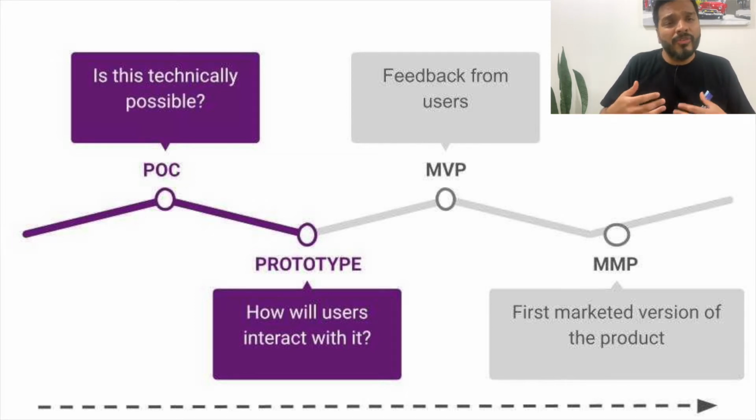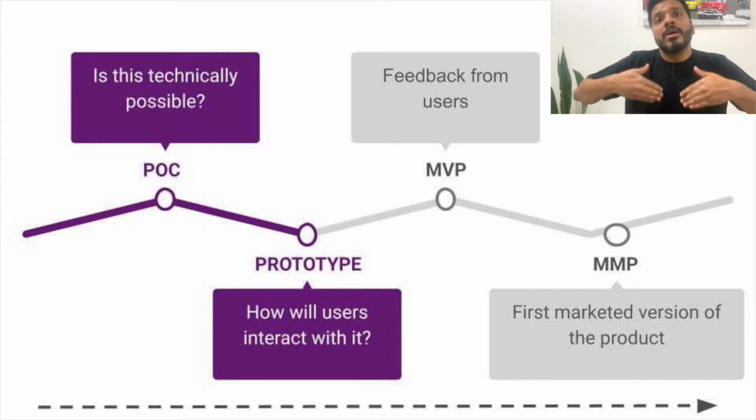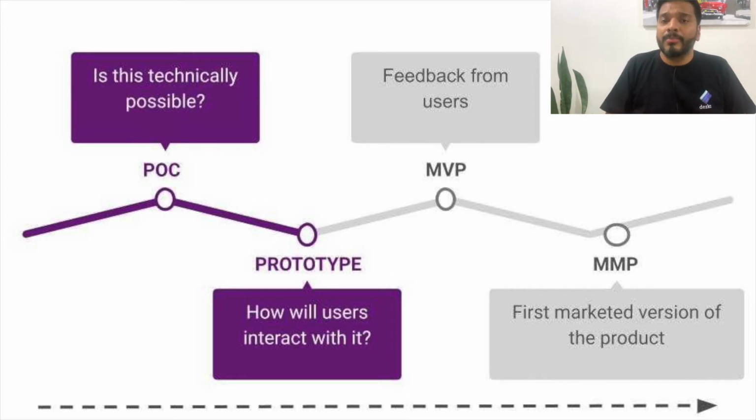Now, how do we feel that users will interact with it? The next stage is your actual MVP, where you try to get feedback from the users on the product that you build. And finally comes the MMP, which is the final iteration of your MVP and is converted into something that can be marketed to the users and they're going to buy it.